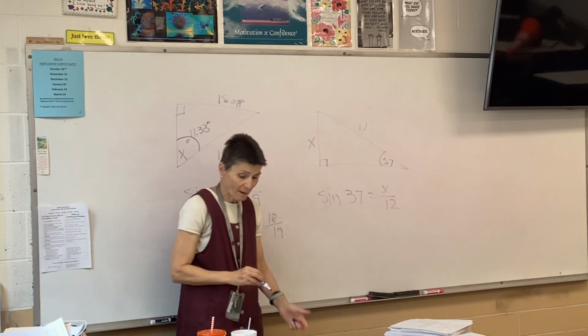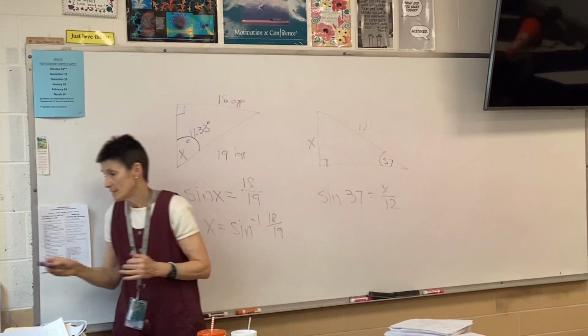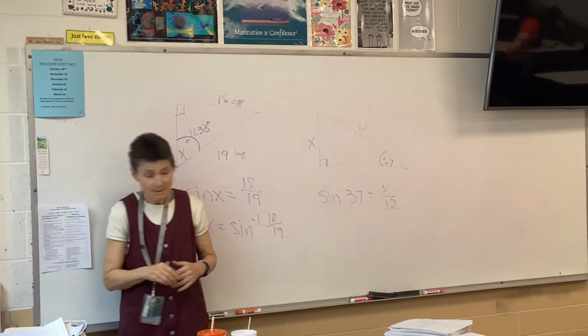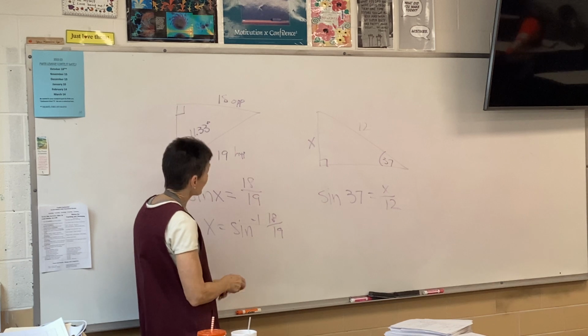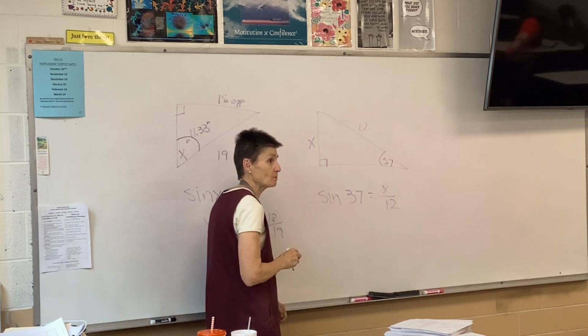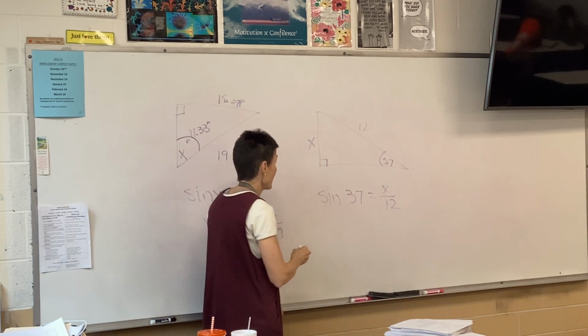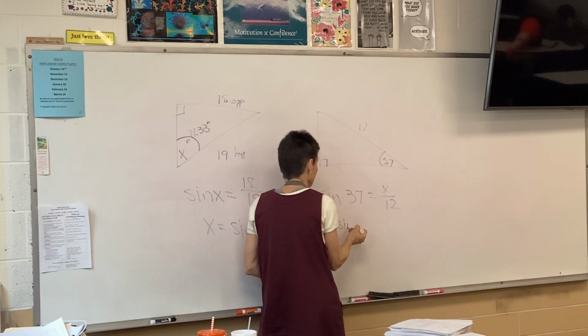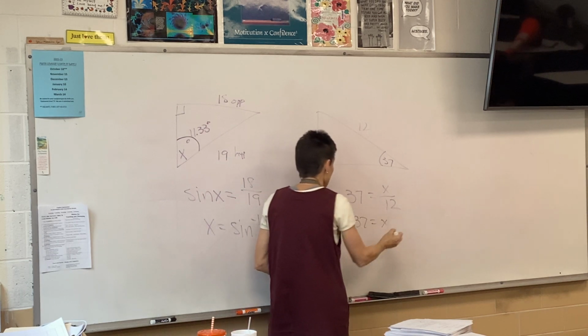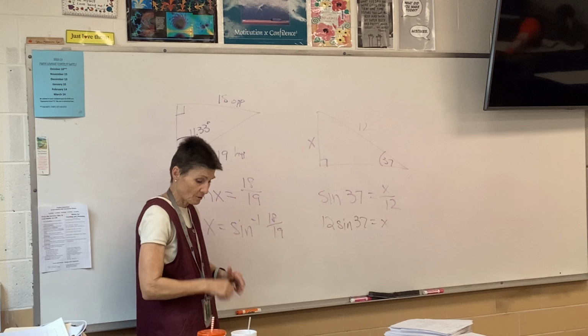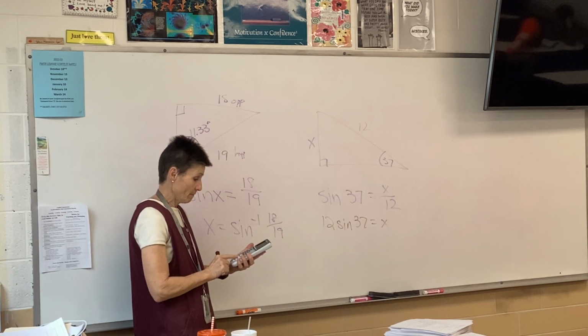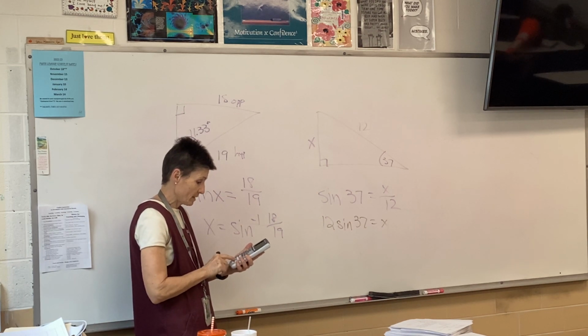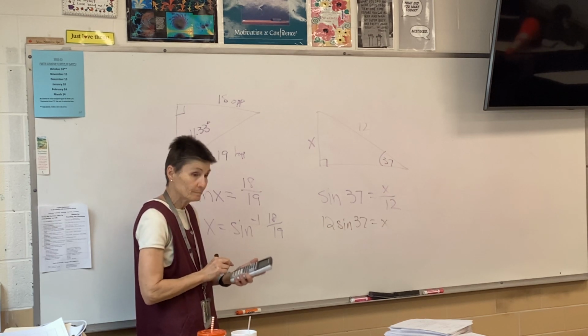But what's different about that one? Not second sine. I am going to times by, no, not times by 37, 12. I'm going to times by 12, and just go. That's going to be my answer. 12 sine 37, 7.22.